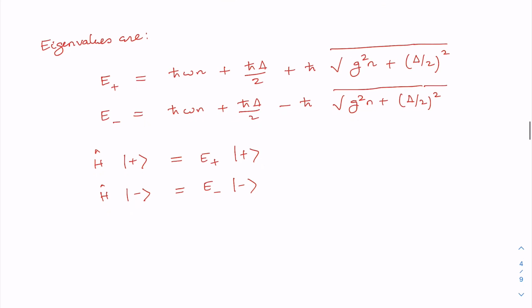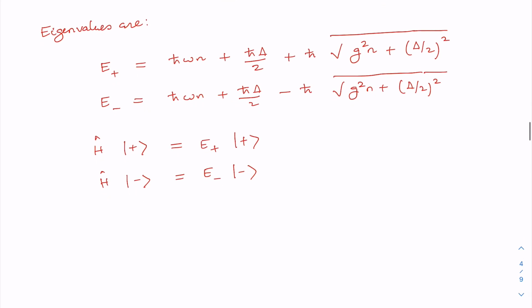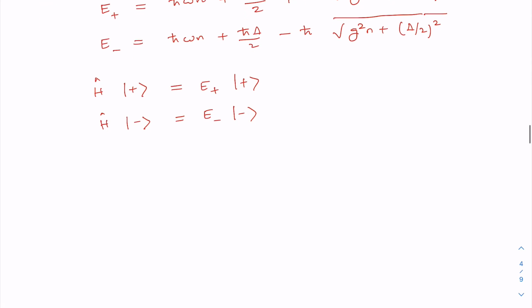Now actually we can address this dressed-state problem very easily if you recall what we learned in lecture 5 of module 1 in the context of two-level atoms. Just let me quickly remind you about that.